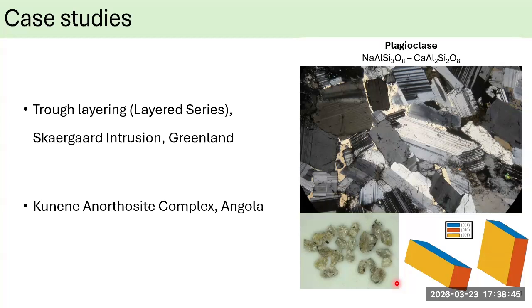So mafic layers means pyroxene or olivine, so iron and magnesium rich layers, whereas Kunene anorthosite complex is almost entirely made of plagioclase crystals.